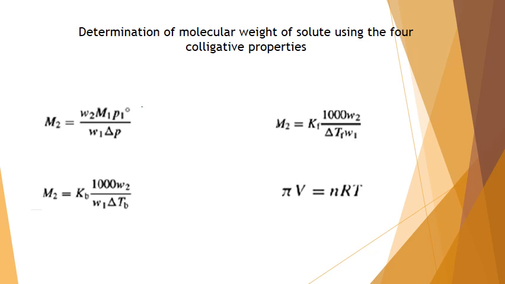Now, by using the 4 different equations that are used in the determination of the different colligative properties, such as the lowering in vapor pressure, freezing point depression, boiling point elevation, and the osmotic pressure, it is also possible to reverse the equation or rearrange it to calculate the molecular weight of the solute in the solution.